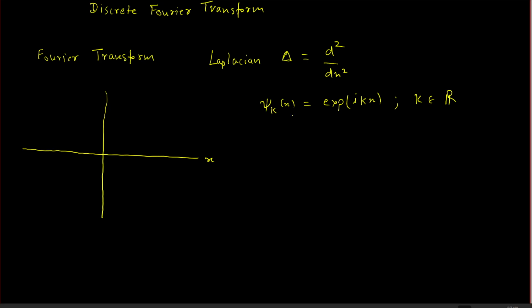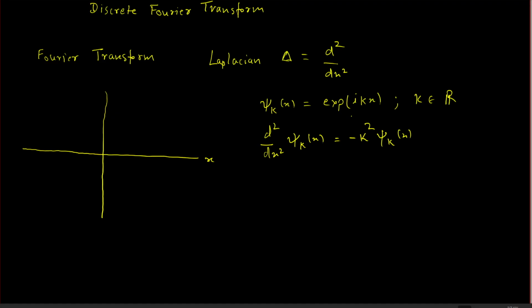These are the eigenfunctions of the Laplacian, and their corresponding eigenvalues are, if we act by d square by dx square, the Laplacian, on this function, then we get minus k square psi k(x). So the eigenvalues are minus k square, and these are the eigenfunctions.